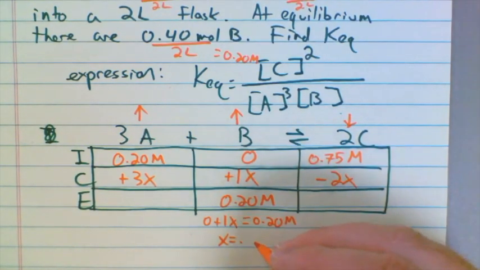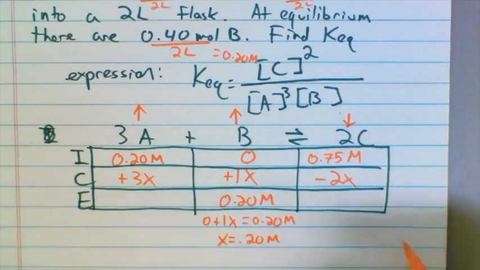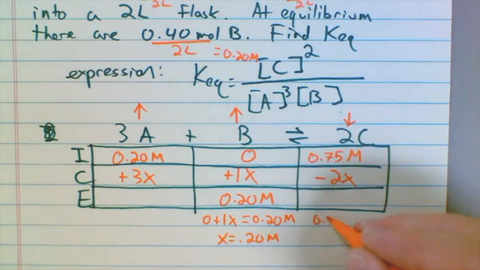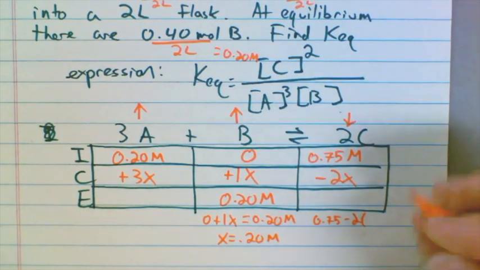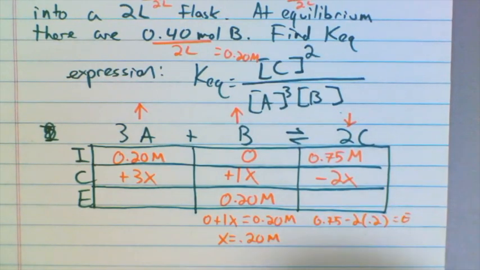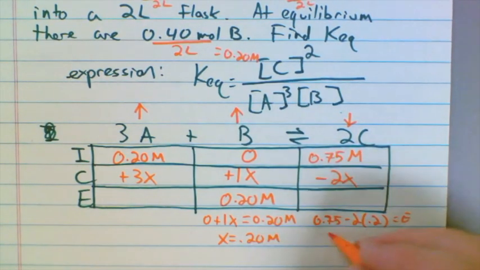Then we can start figuring out these others. 0.75 minus 2x, and you get 0.35.